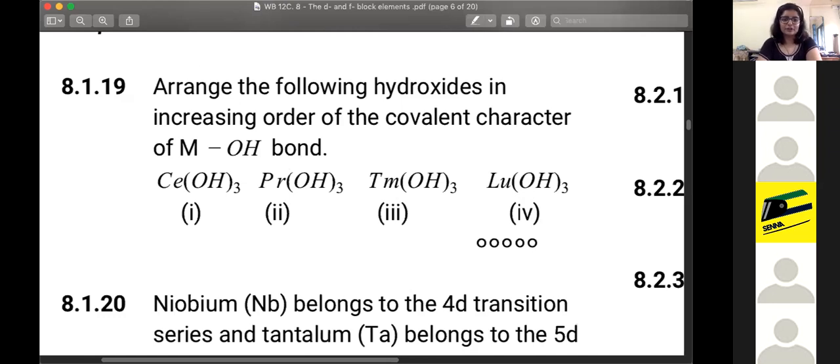Okay. So I'm going to display the periodic table on the screen. Have you noted down which elements are asked here? So you've got cerium, promethium, so Ce, Pm, Tm, and Lu. Okay, so quickly note it down and then tell me what the answer is.